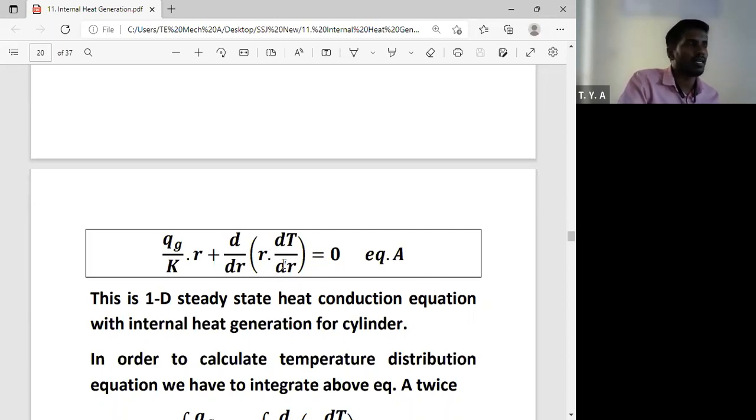So whatever the terms are there which are related to the derivative, if we take the integration, then automatically the derivative terms will be cancelled. Okay.